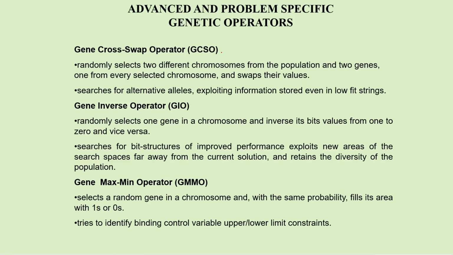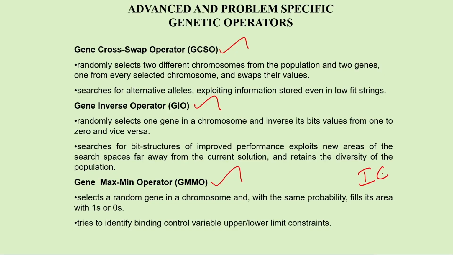These three are the advanced and problem specific genetic operators that can be used to improve the performance of the algorithm: gene cross swap operator, gene inverse operator, gene max min operator. Of course, you can find an enormous number of genetic operators in terms of crossover, mutation and selection, both for the binary coded version as well as for the real coded version.